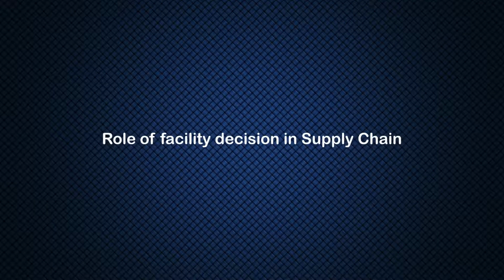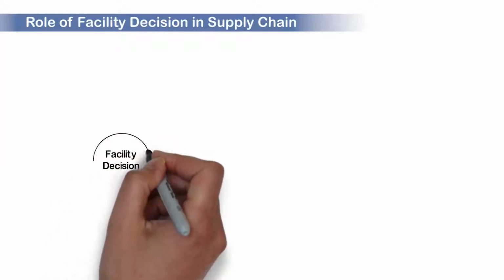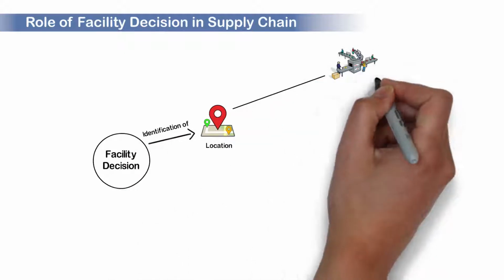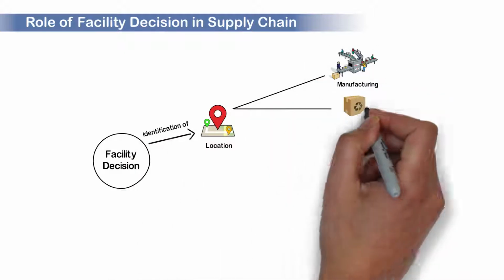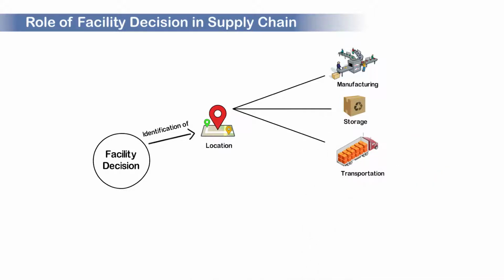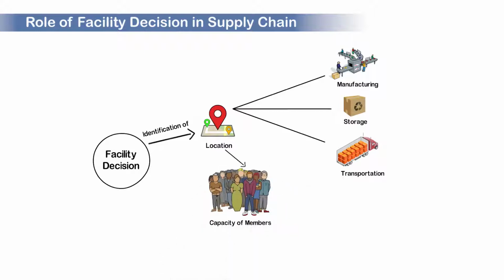Let us first understand the role of facility decision in supply chain. Supply chain facility decision deals with the process of identifying the location of manufacturing, storage, and transport related facilities of the supply chain and the allocation of the capacity of various members with their roles in the supply chain.